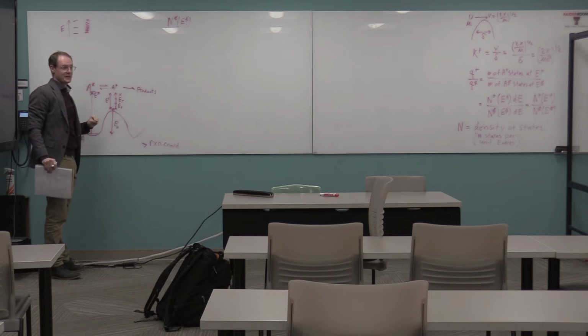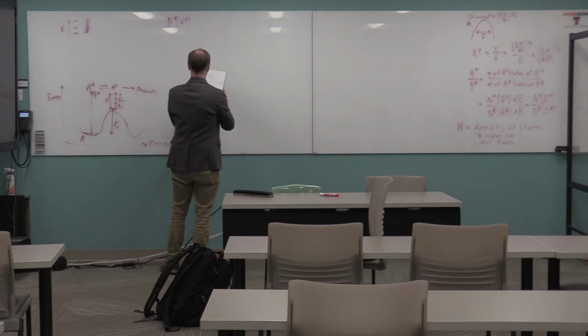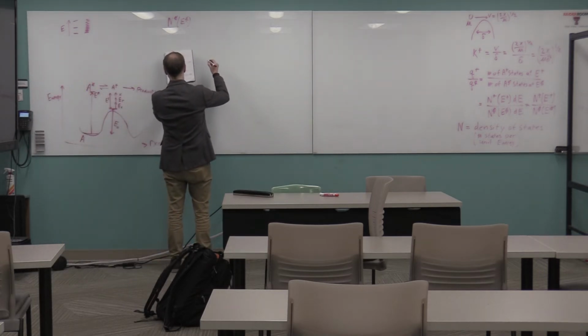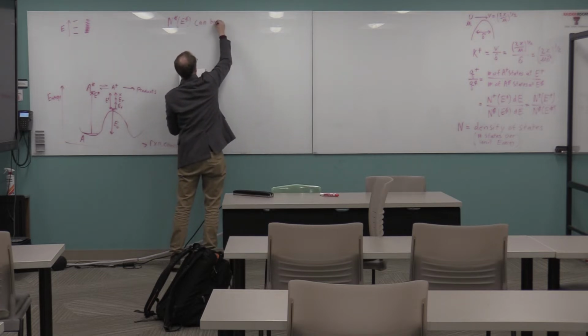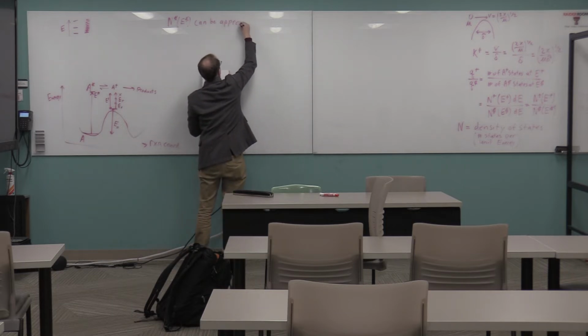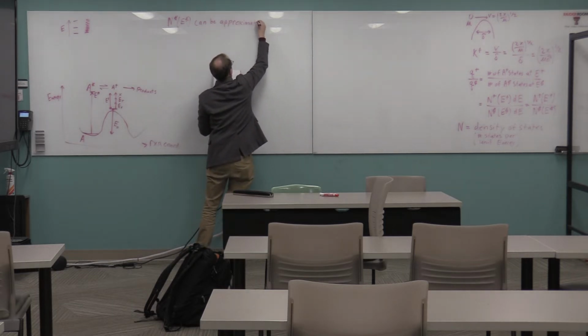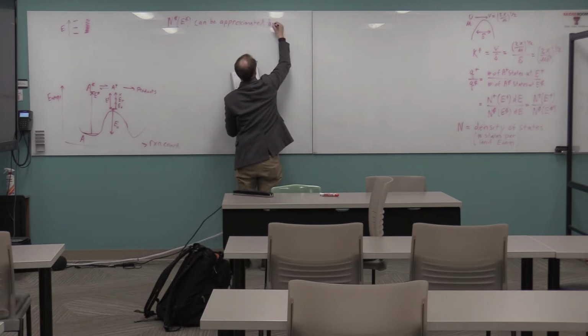You can just say there's a certain density of states everywhere. So this density of reactant states can be approximated by a continuous function.